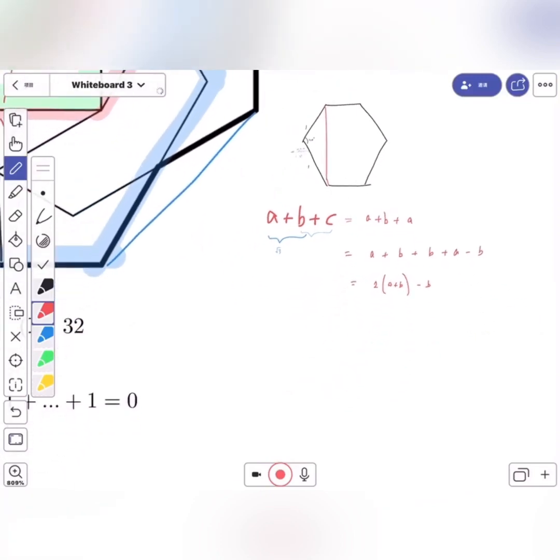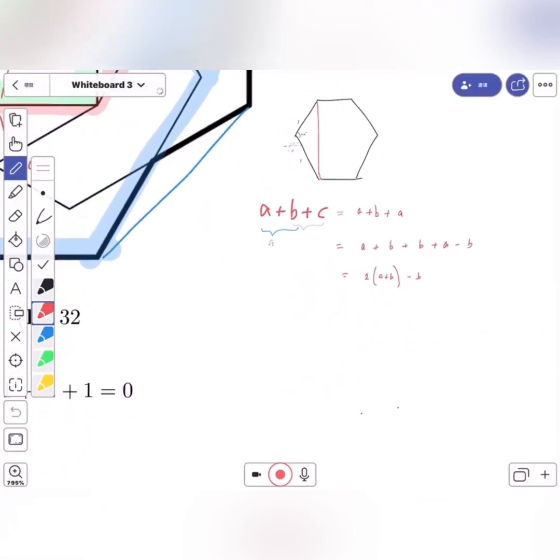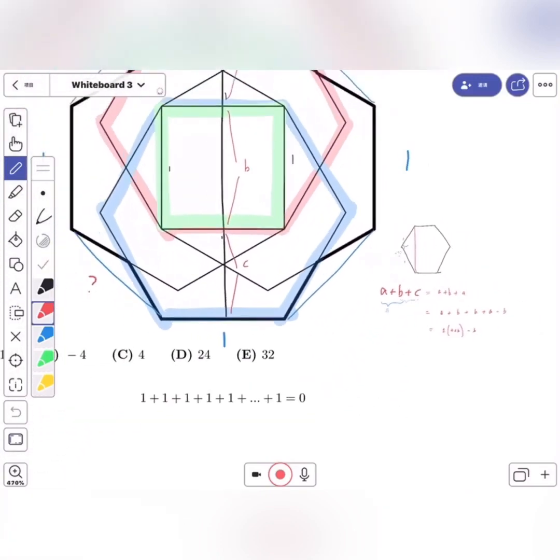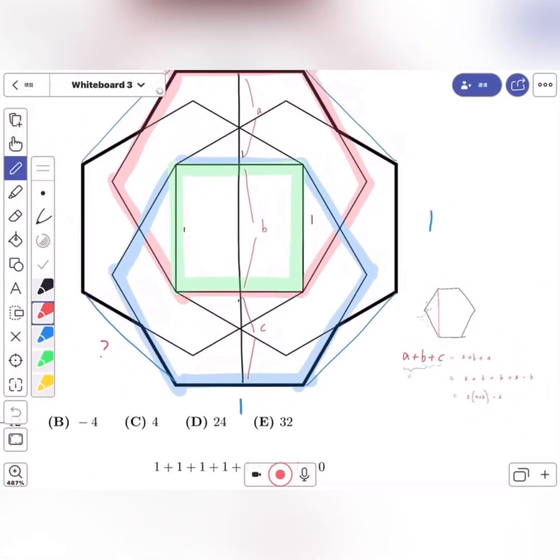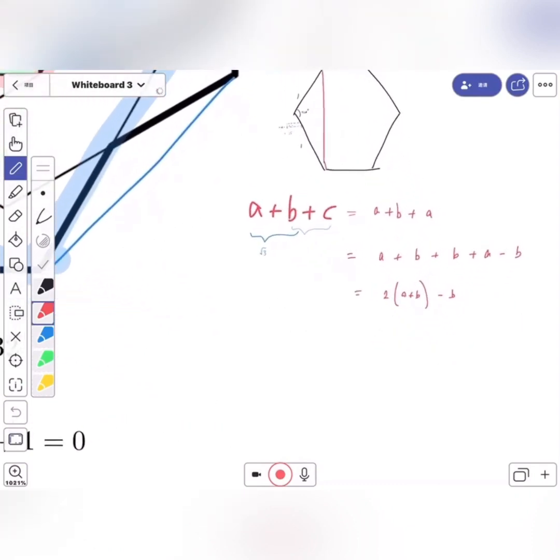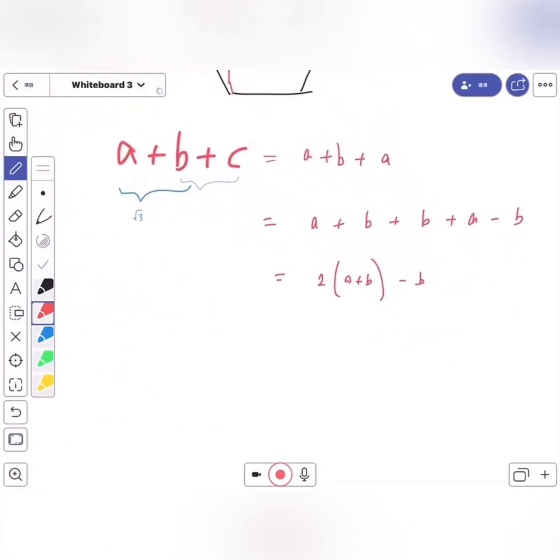You might be asking, why manipulate this expression into this shape? Because we know b and we also know a plus b, but we don't know a, so we just want to express everything in terms of a plus b and b.